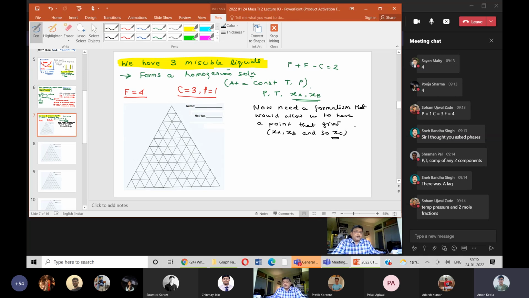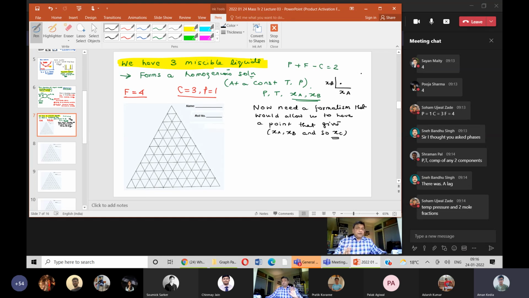Typically, if you use your Cartesian coordinate system, it's tough. It's really tough. Because how will you plot XA and XB? You plot something, then you can always say that from these values you subtract and get a value of XC, but that you cannot locate on the graph.